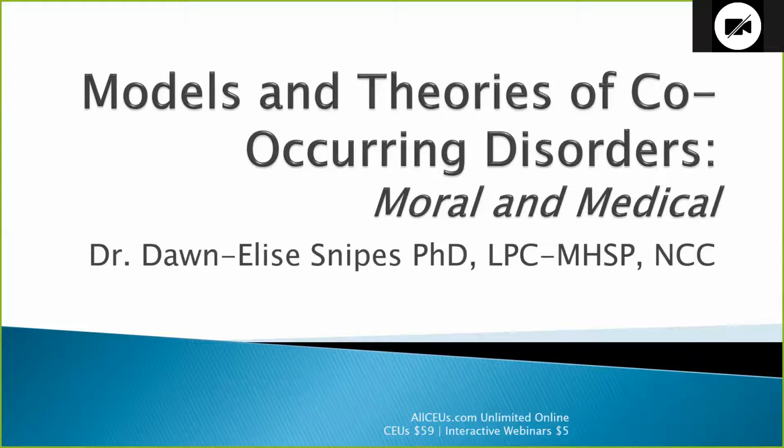So we're going to look at what we've got so far, and I really want to encourage you to think about how you conceptualize the origin or the causes of addiction and mental health issues.